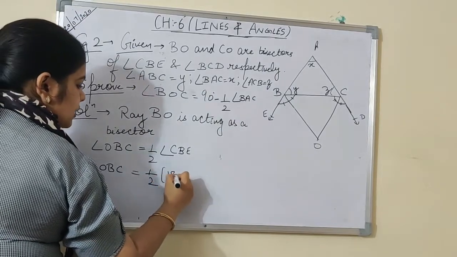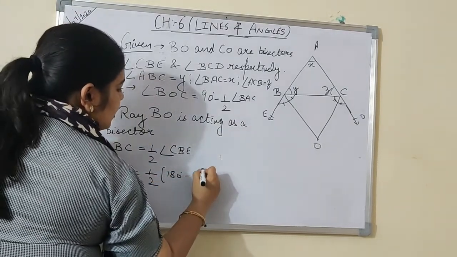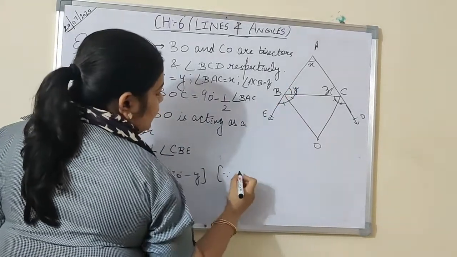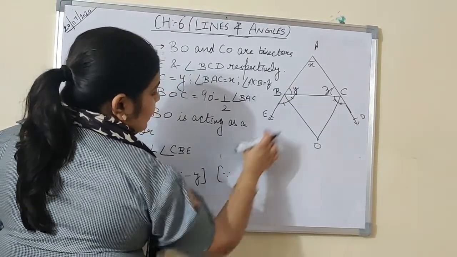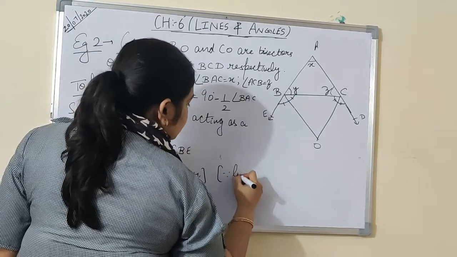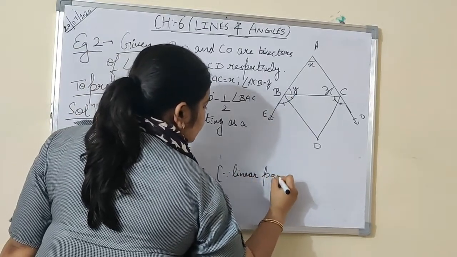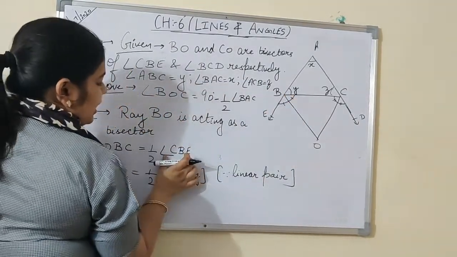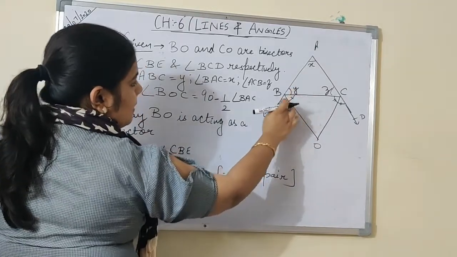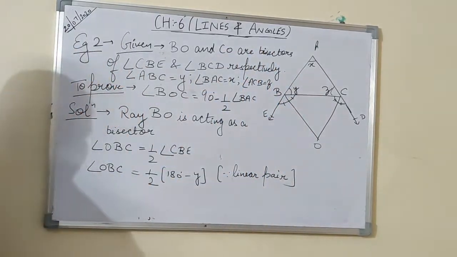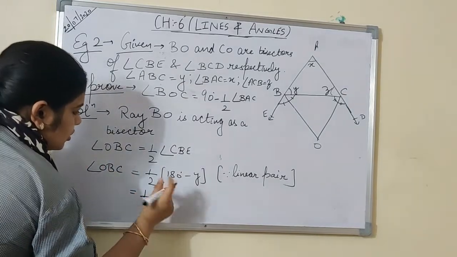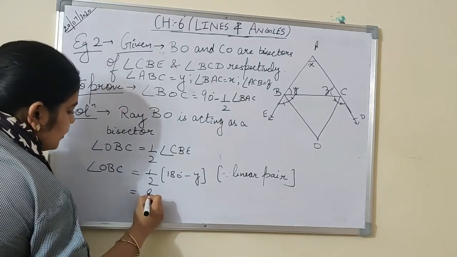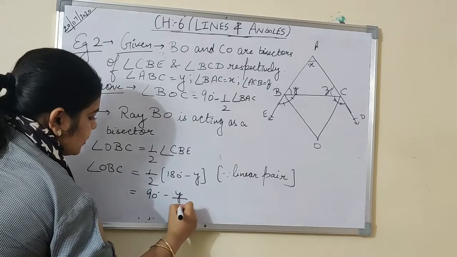Then in place of angle CBE, we can write 180 degree minus Y, because these are making a linear pair. Yes or no? Then if we multiply this half with 180 and this half with Y, we will get 90 minus Y by 2.